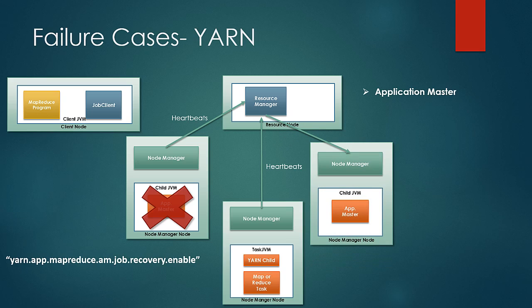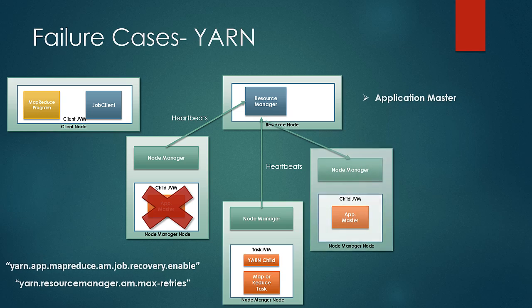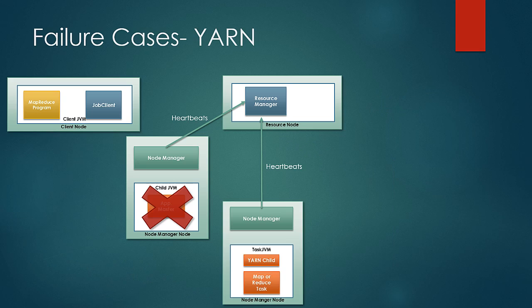If the recovery option is set, the statuses of the task is recovered and the execution of the job is continued. The number of reattempts on application master is determined by the property yarn.resourcemanager.am.max-retries.